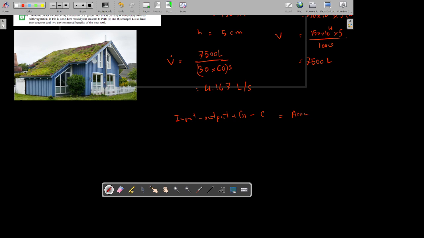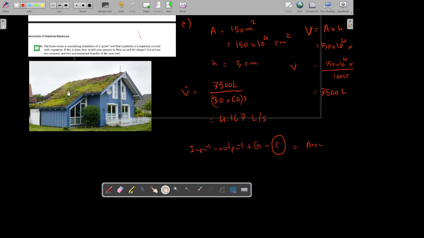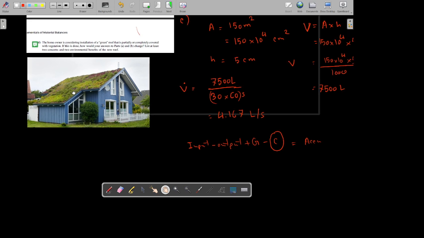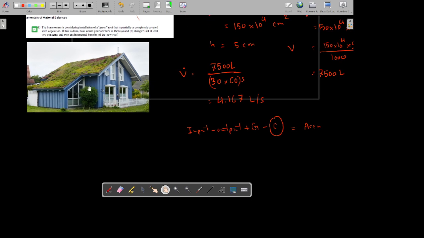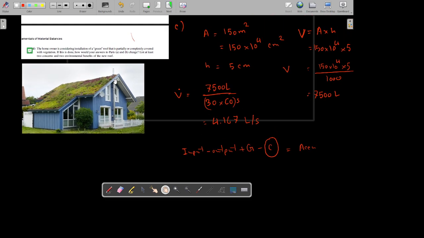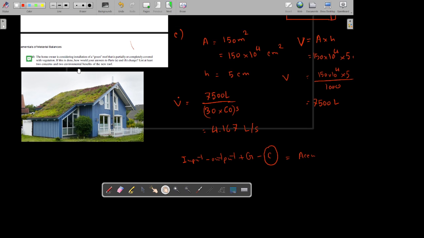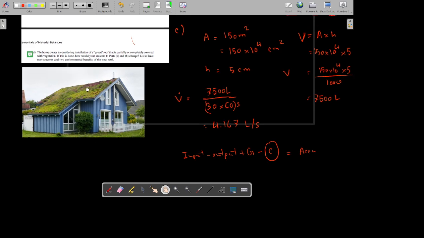So in this example, consumption will not be equal to 0. Why is consumption not equal to 0? Because the plants are going to take some water for their photosynthesis process or something like that. I mean some water will be used. So the consumption term is not 0 in this example. So that is the change, one change you can apply.